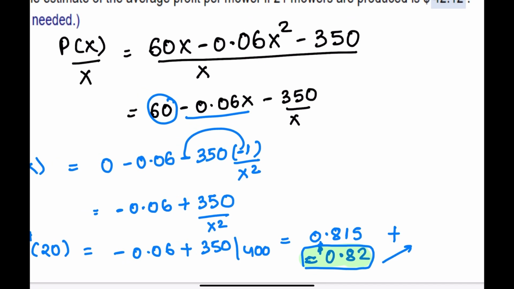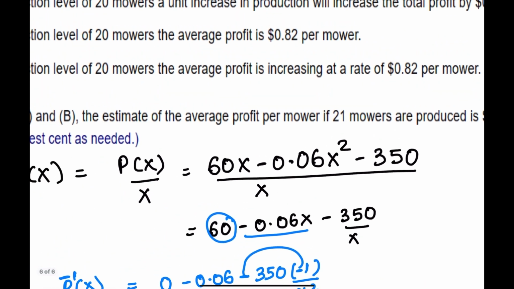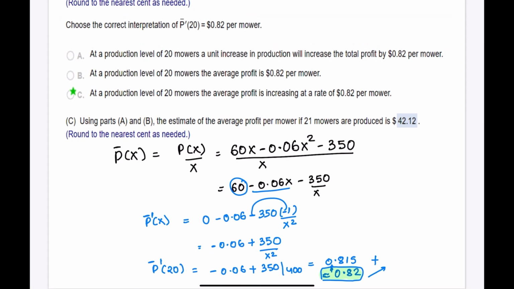So now let's see which option this satisfies. Here it says, at production, let me use my highlighter here, at a production level of 20 mowers, a unit increase in production will increase the total profit by 0.82 cents per mower. At production level of 20 mowers, the average profit is 0.82 per mower.